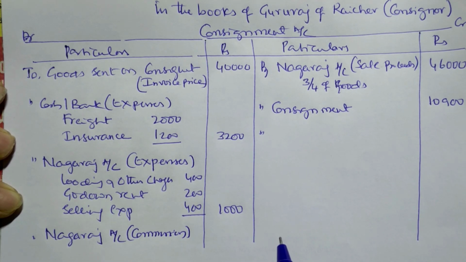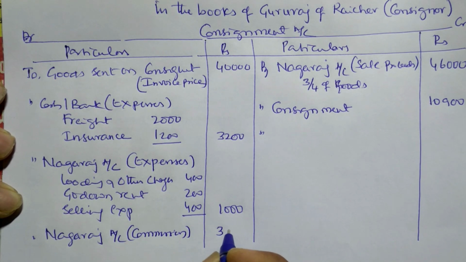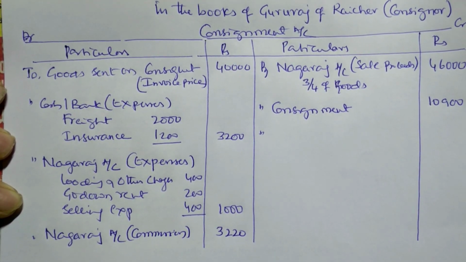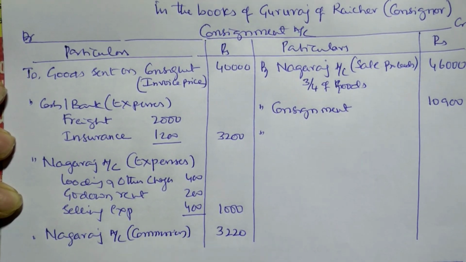That we have calculated already, that is 3,220. After these calculations, we have to close the accounts.